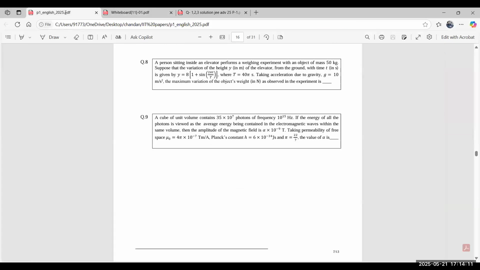Question number 9. It is in front of you. Again, read the question. This question is based on the concept of energy density. So just using the formula is good enough. If you know the formula, you can solve this question with ease. Let's go to the solution now.